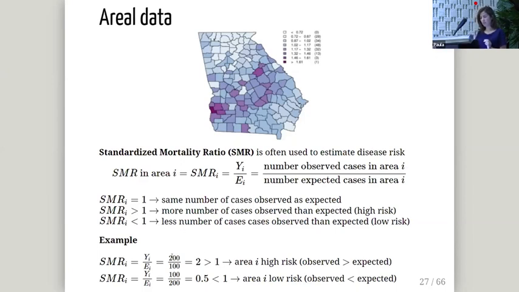For example, if in one area we observed 200 cases and we expected 100, the risk is greater than 1. This is a high risk area. If in another area we observed 100 cases and we expected 200, the risk is less than 1. So this is a low risk area.